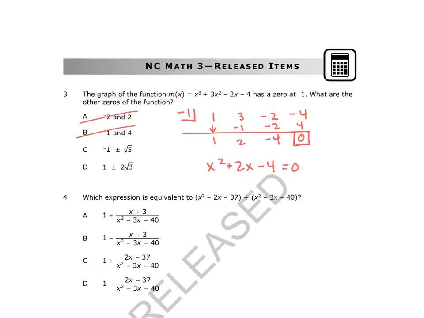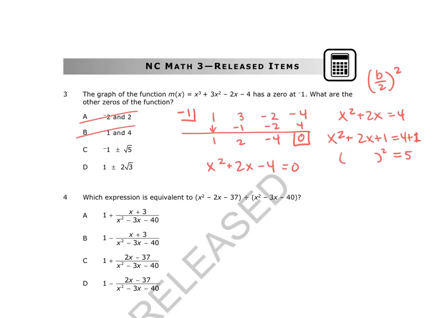So set it equal to 0. I get x squared plus 2x equals 4. Remember, the thing we add to both sides is b over 2 squared. My b is 2, so 2 divided by 2 is 1, and 1 squared is 1. So I'm going to add 1 to both sides. I'm already seeing that this is going to be 4 plus 1, which is 5.